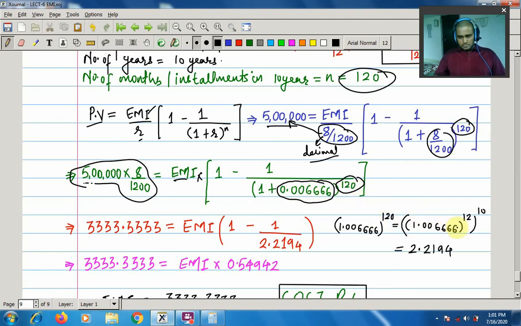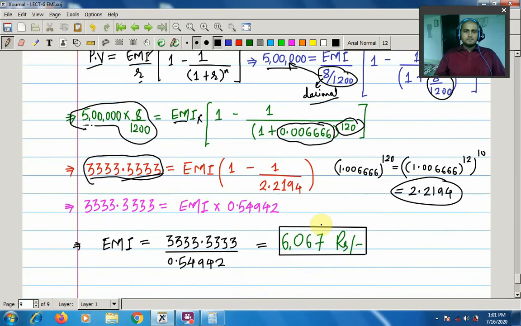This is how you are going to calculate it. After solving this, you will get this much. I have written it up to 4 decimals, 3,333.3333, and the amount of EMI is 6,067 rupees.